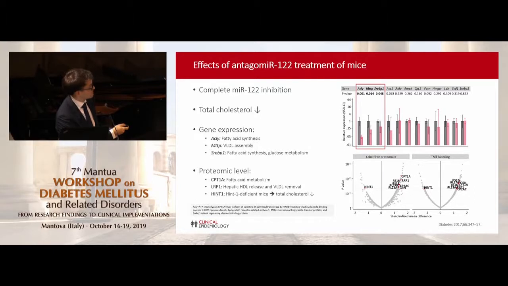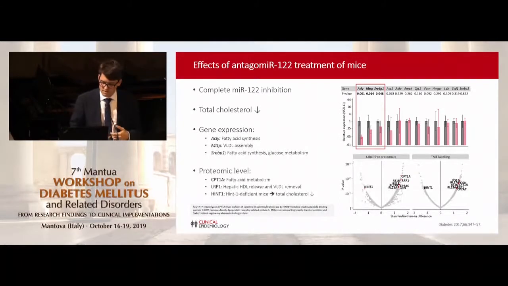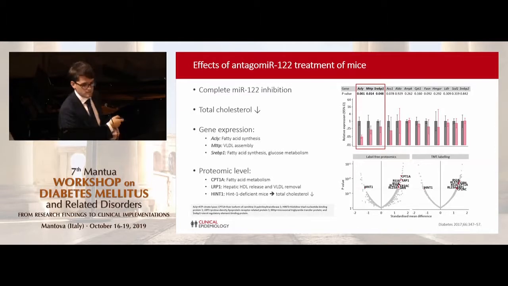Some of them include different proteins, again associated with fatty acid metabolism, hepatic HDL release, and VLDL removal, and then also another protein where we know there's a deficient mouse model that has been studied, where we also know that this mouse has reduced total cholesterol levels.